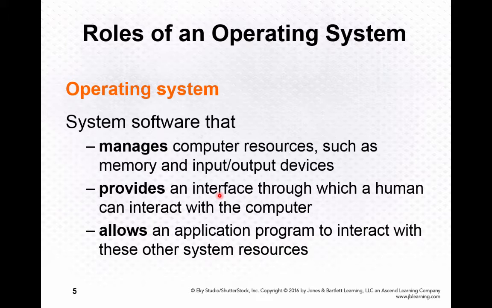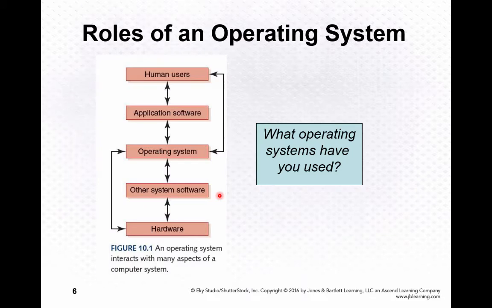Most modern operating systems have a text-based interface that allows us to write scripts for batch type of processing, and also very often a graphical user interface. The operating system also allows you to interact with all these other system resources and allows them to interact with each other. So it really is a management tool.